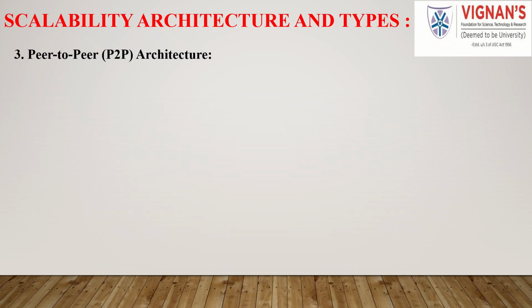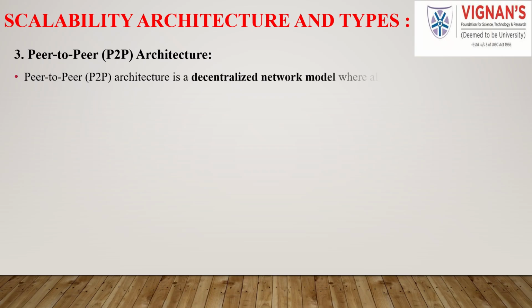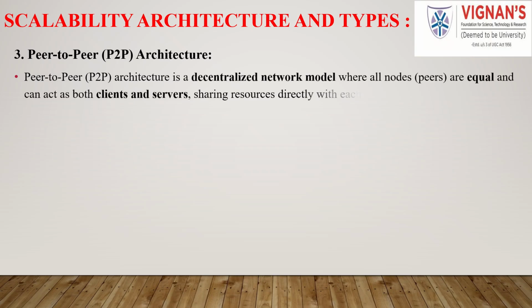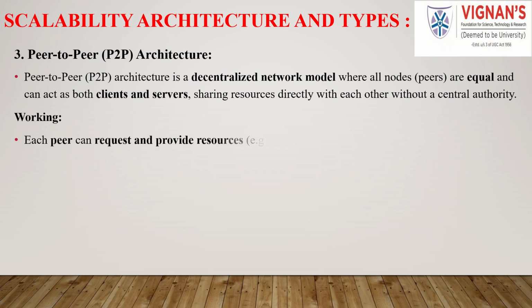Peer-to-peer, or P2P, architecture is a decentralized network model where all nodes, called peers, are equal. Each peer can act as both a client and a server, sharing resources directly with other peers without a central authority. In this model, each peer can request and provide resources, such as files, data, or computational power, to other peers.